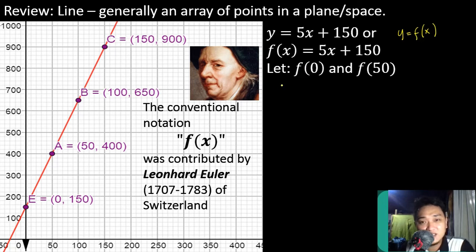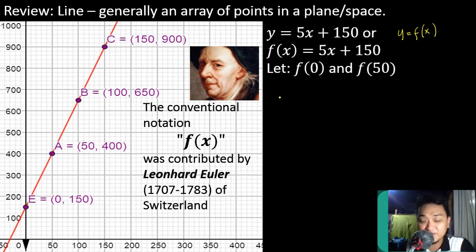So let's say the value of x is 0 or the value of x is 50. So whenever you're given these coordinates, we could actually solve muna. Let us solve first the function and then let us determine the coordinate. Tapos pwede na tayo mag-graph.